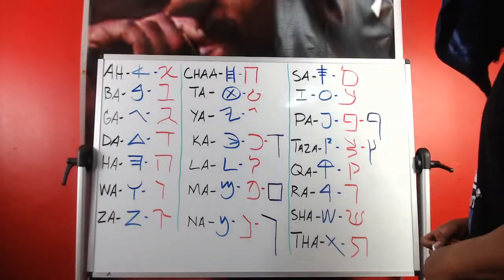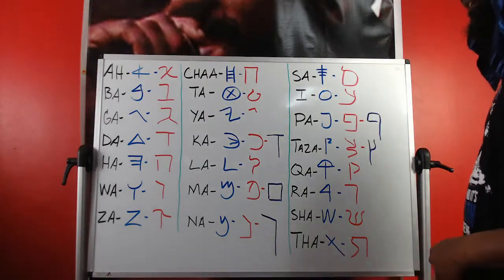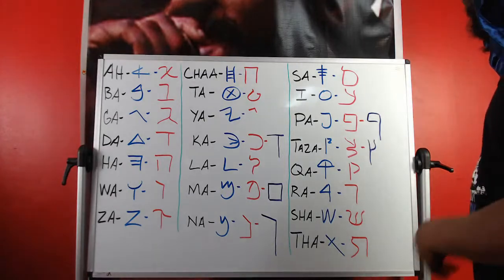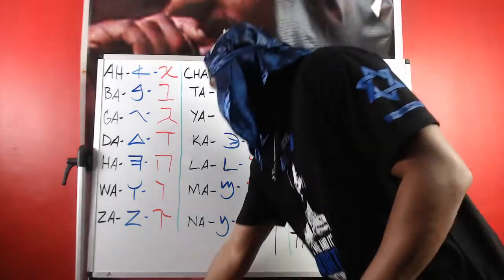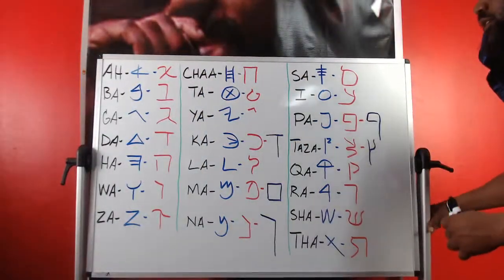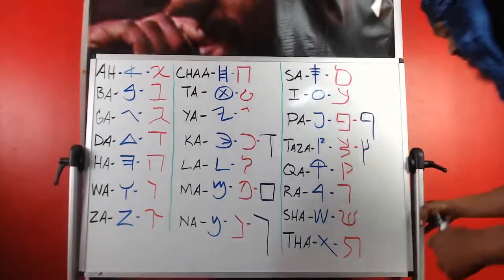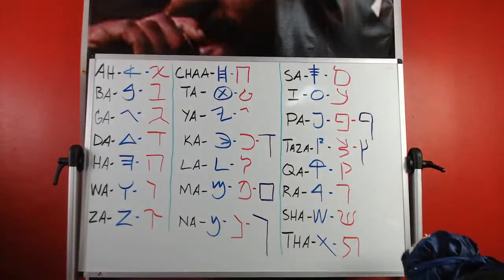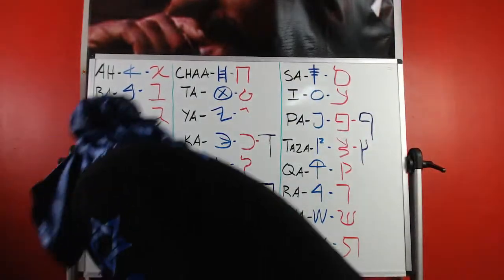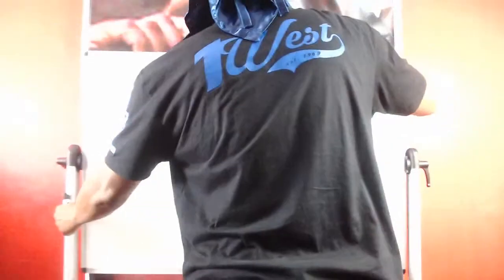Now we're going to do a little something different, and we're going to go over the books of the Tanakh in Assyrian Hebrew. Let's do something fancy and turn the book. We're going to definitely have to learn how to flip this thing. All right.